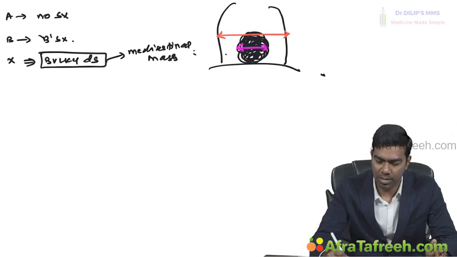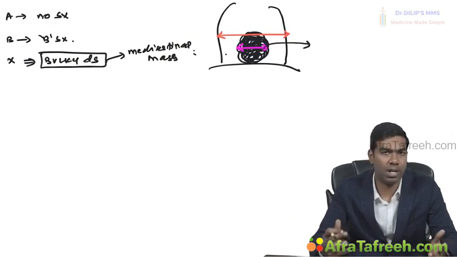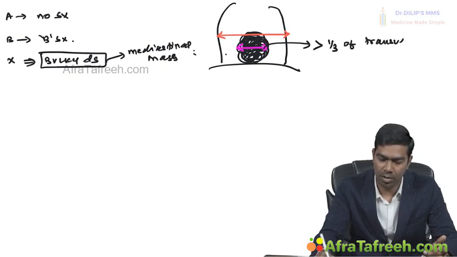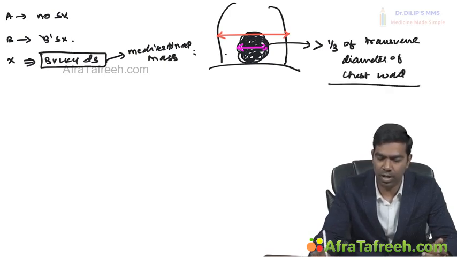Suppose the transverse diameter of the mediastinal mass is more than 1/3 of the transverse diameter of the chest wall in chest X-ray. So this is one definition of bulky disease.